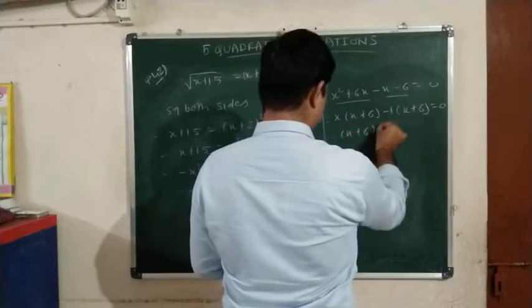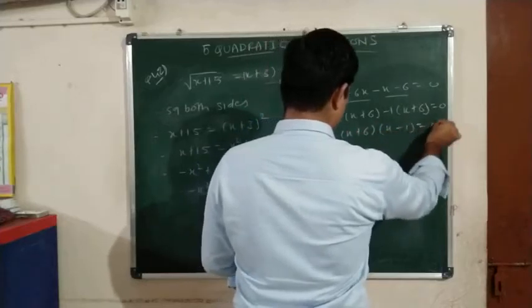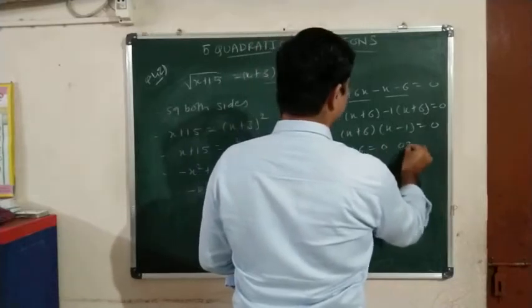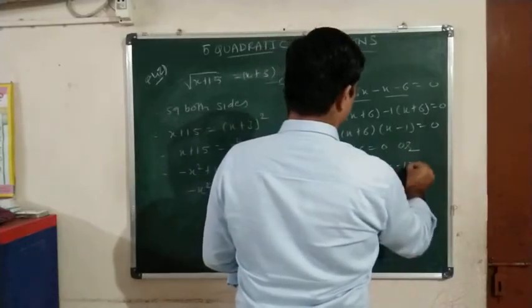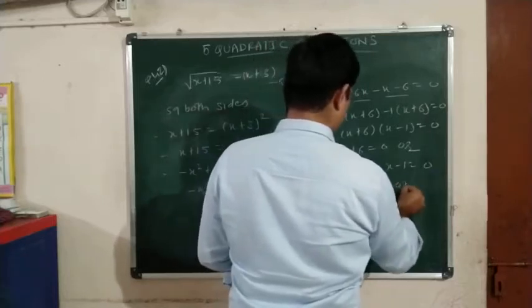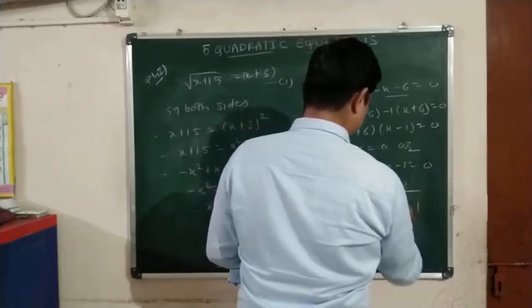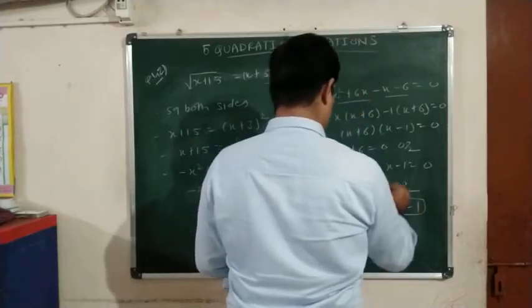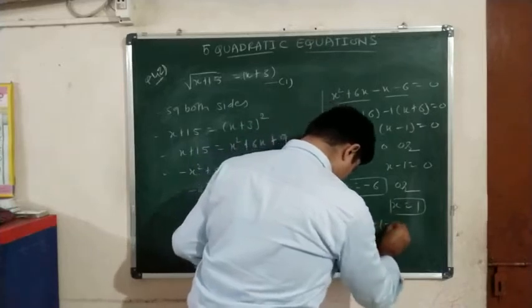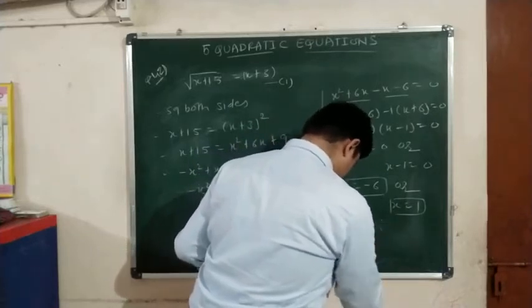Therefore x plus 6 into x minus 1 is 0. Therefore x plus 6 is 0, or x minus 1 is 0. Therefore x is equal to minus 6, or x is equal to 1.